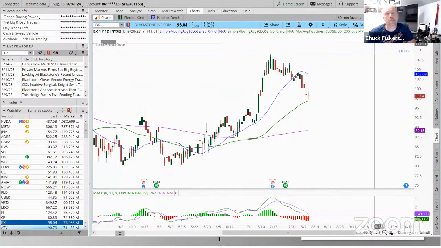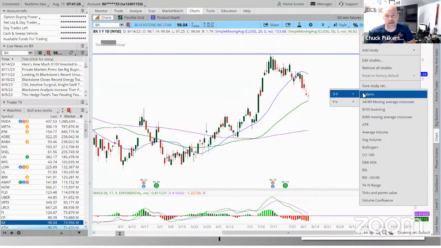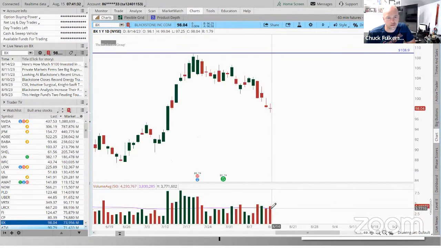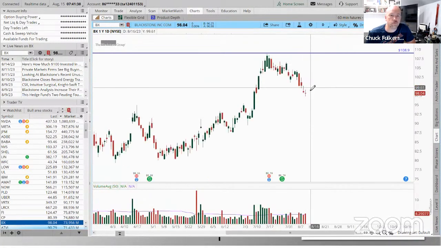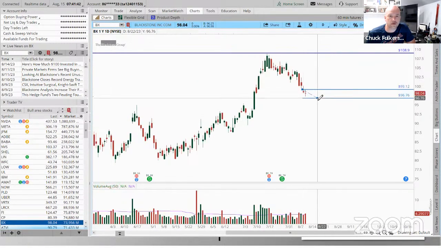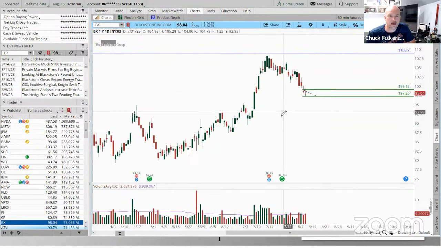No. I would be interested if we had increased volume yesterday. Slightly higher than average volume. So if we were to get a move above the high here, I think that one may be worth considering.